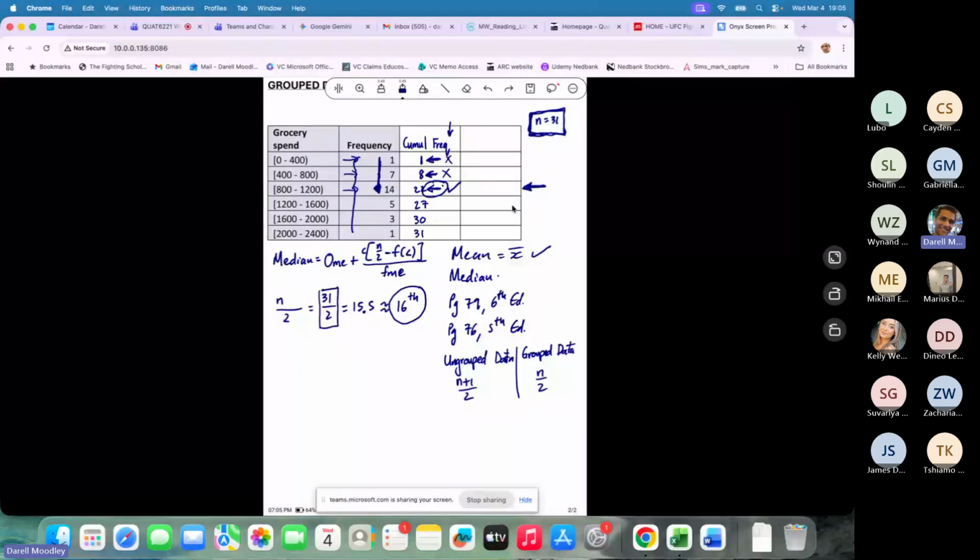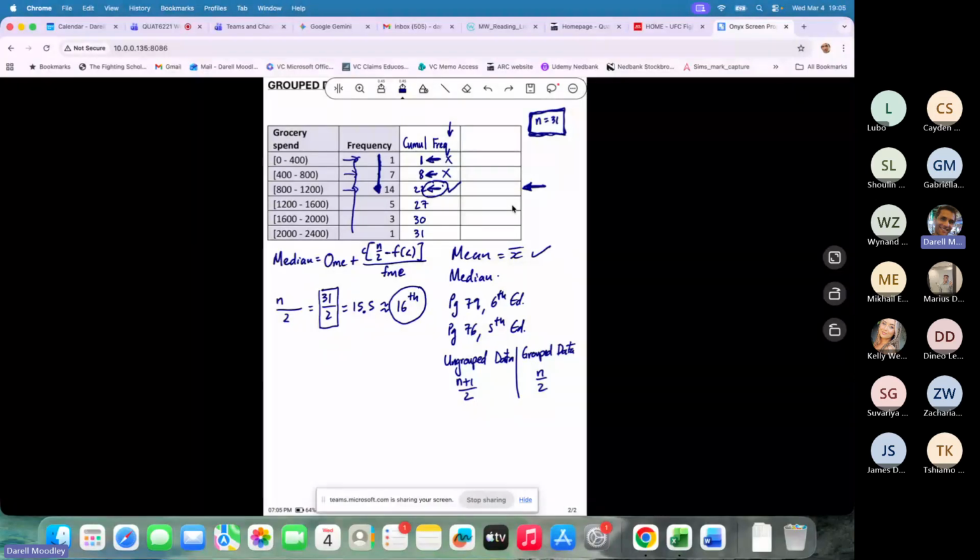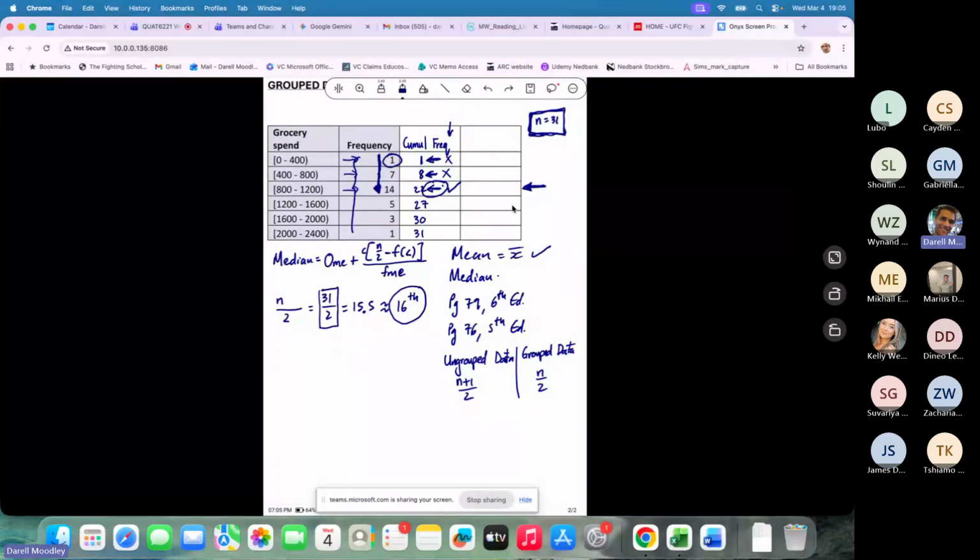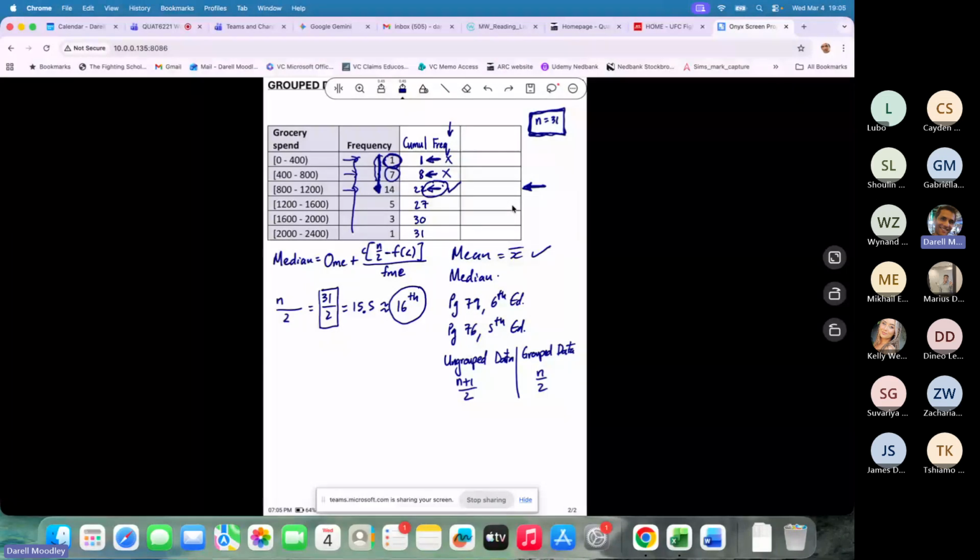And if you do that, we can see that that customer cannot be in the first interval because 16 is much bigger than 1. In the first row, or the interval, you only have 1 customer. When you get to the second interval, you have 8 customers because we add up 1 plus 7 gives you 8. That's why we got this cumulative column. It makes it easier for us.